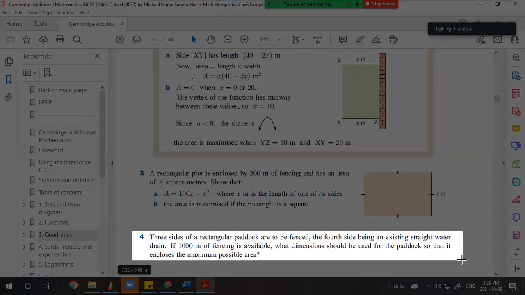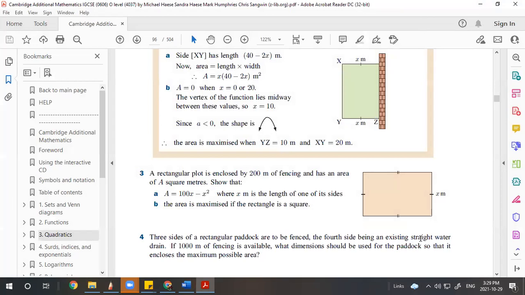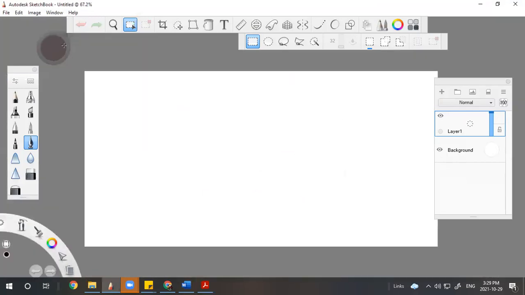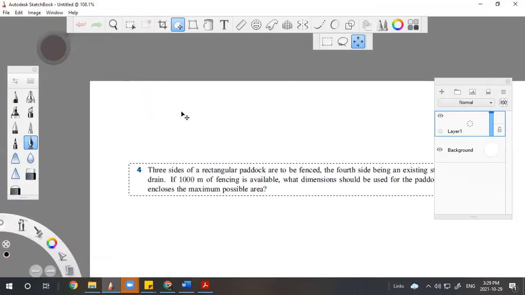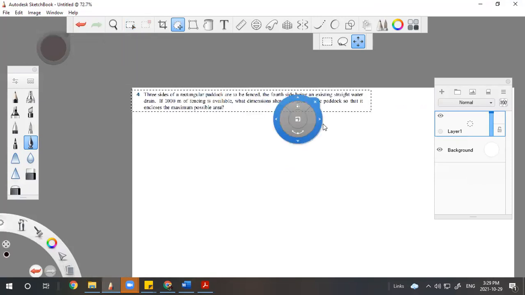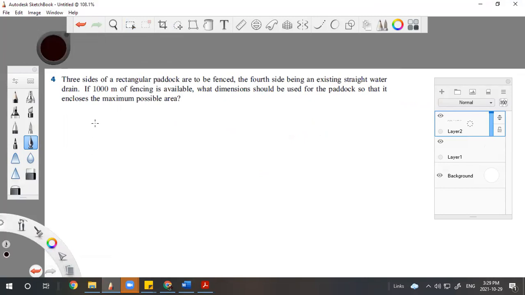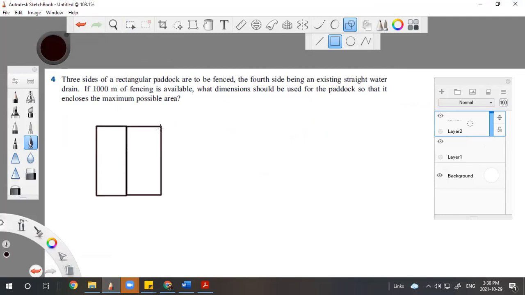Number 4: Three sides of a rectangular paddock are to be fenced, the fourth side being an existing street water drain. If 1,000 meters of fencing is available, I cannot imagine the drawing. We have the water drain, and three sides of a rectangular paddock are to be fenced. We have three sides: 1, 2, 3.